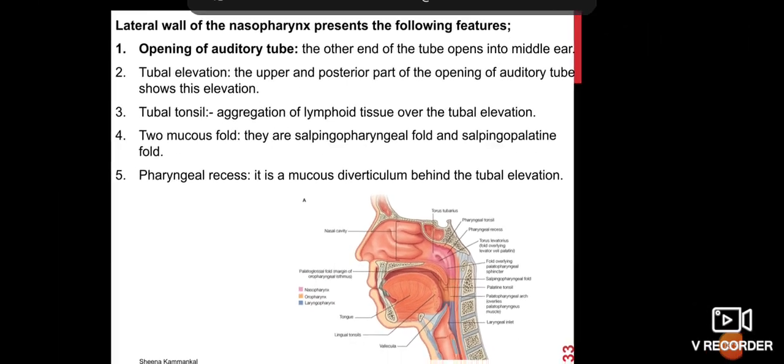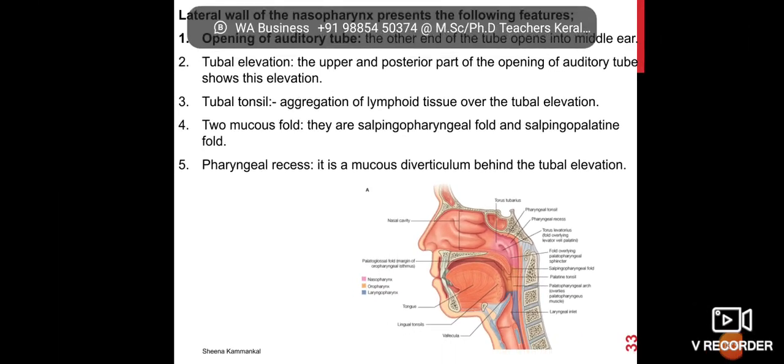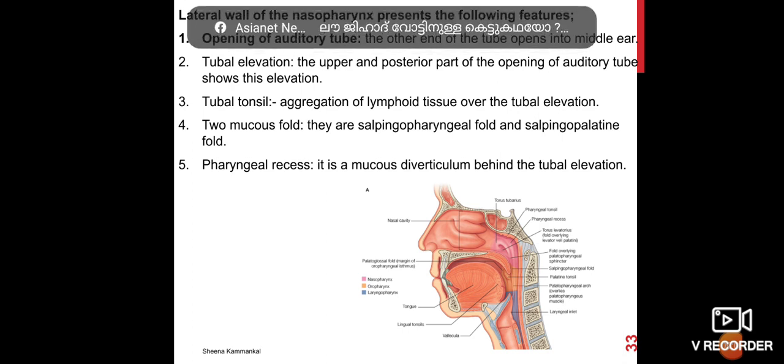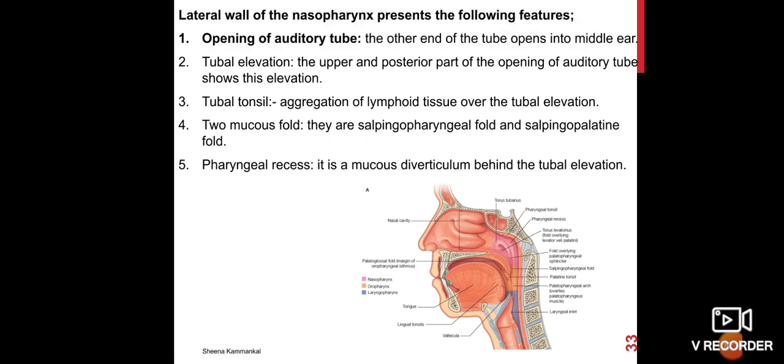These are the features of the lateral wall of the nasopharynx. I will explain once more. The opening of the auditory tube, then just above the opening there is a tubal elevation. Then from the tubal elevation you can see two mucosal folds. One is running anteriorly, other is running posteriorly, and the anterior one which is extending from the tubal elevation till the soft palate is called salpingo-palatine fold.